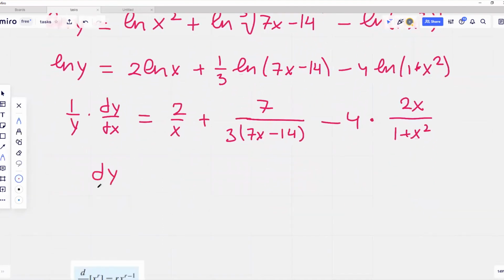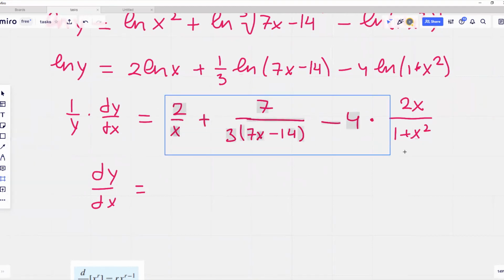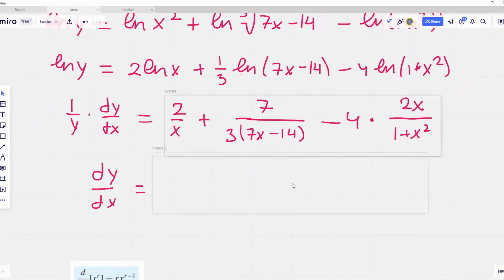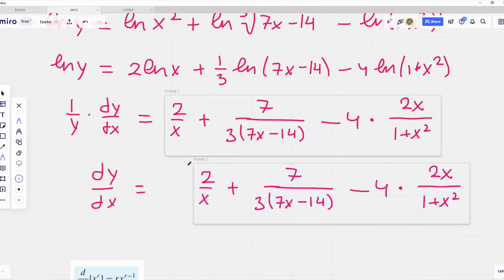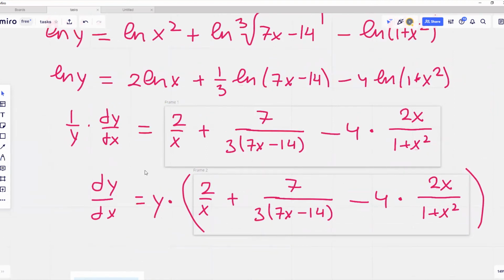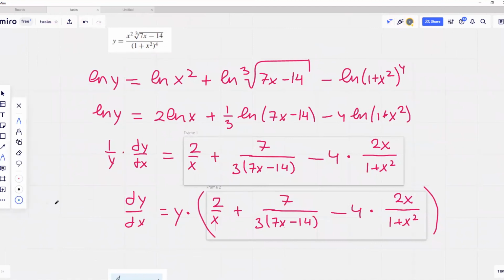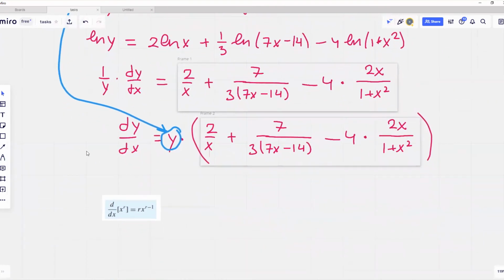So dy over dx is then equal to y multiplied by this expression here, which you can further simplify, but we are not going to do it right now. Instead, if we want to derive dy over dx in terms of x only, then we have to substitute the value of y in terms of x back.